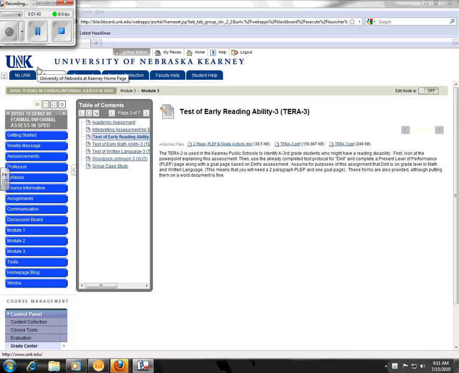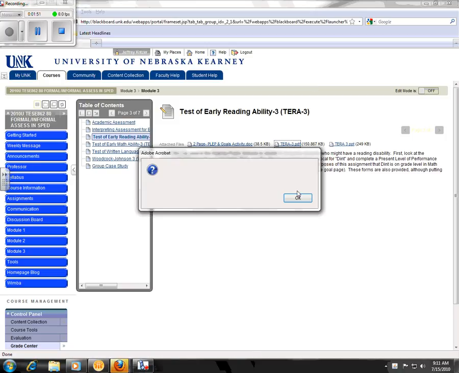On page 3 of Module 3 is the Test of Early Reading Ability, the TERA 3. Take a look at this protocol.